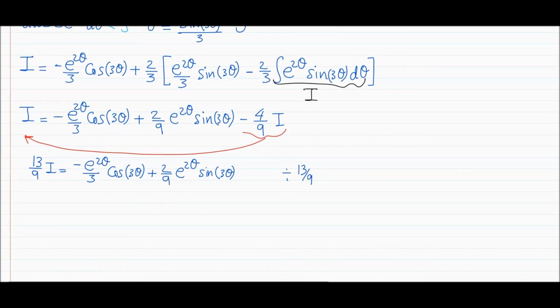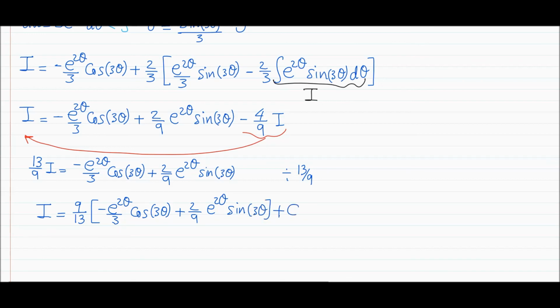So finally I equals 9/13 multiplied by the whole right-hand side, which is negative e^(2θ)/3 cos 3θ plus 2/9 e^(2θ) sin 3θ, and do not forget to write the constant of integration.